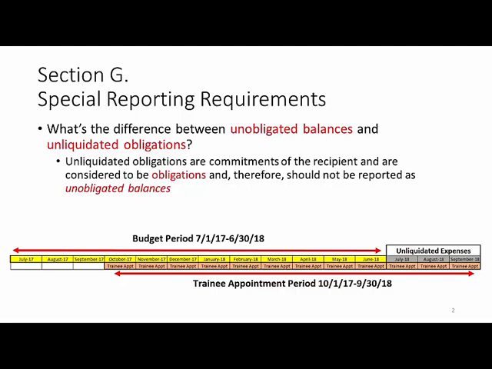We've already chosen who the trainee is, and we've already obligated that balance or that expense. Does that make sense? So this area, they started October 2017. It looks like it's being carried forward into the next year, but it's not really carried forward. It's an unliquidated expense, something you just haven't spent yet, but you do have it obligated for that trainee.